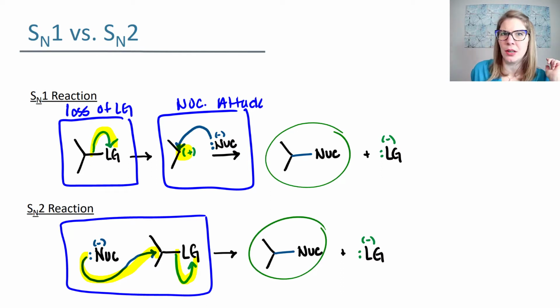Why does it even matter which mechanism I end up using? And the answer is you're not going to actually have the same products when you get these reactions. I just gave you an example that happens to give the same products. So you're going to want to take the time to watch the next two videos and really start to see the difference between substitution reactions that are SN1 and substitution reactions that are SN2.